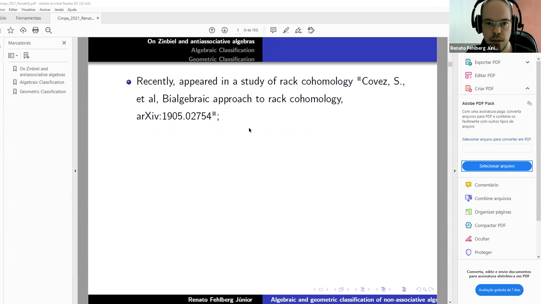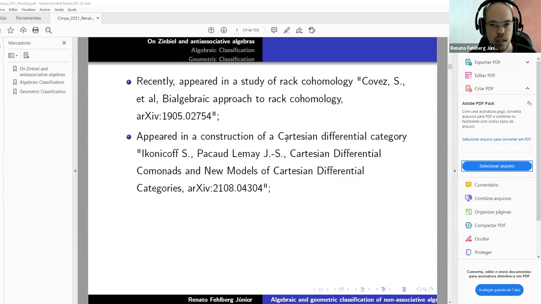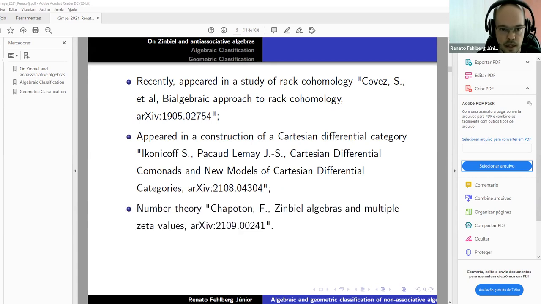There is also a study in cohomology where the Zinbiel algebras appear. This is a recent work. They also appear in a construction of a Cartesian differential category. Zinbiel algebras also appear in this paper that relates with number theory.